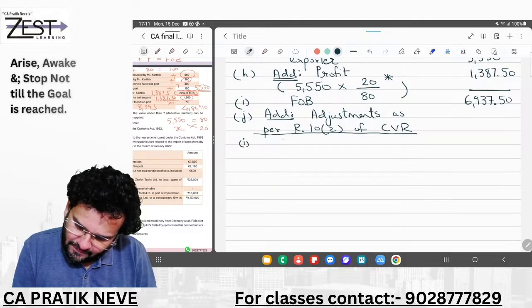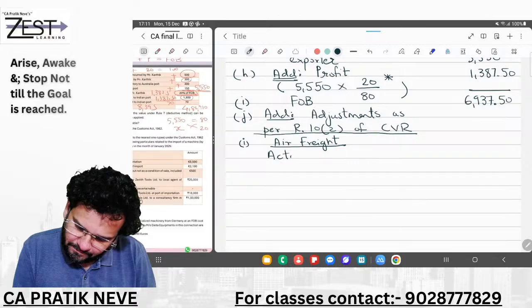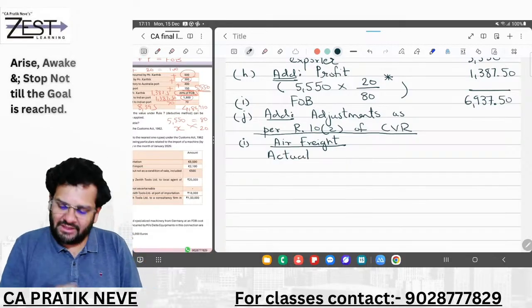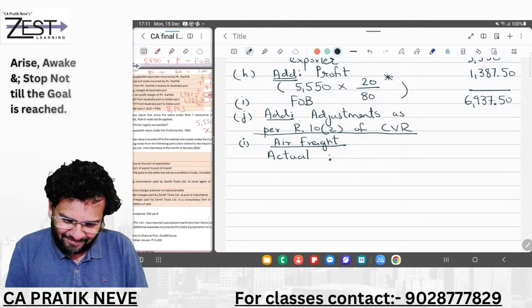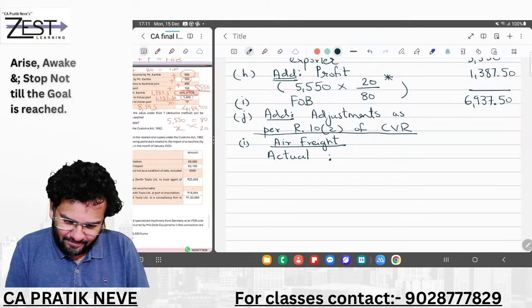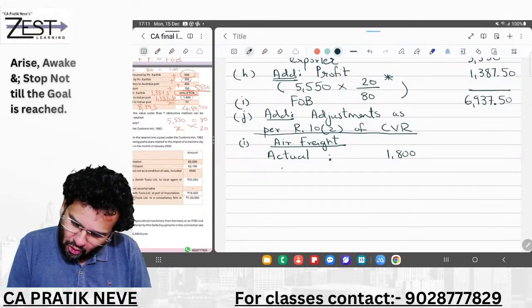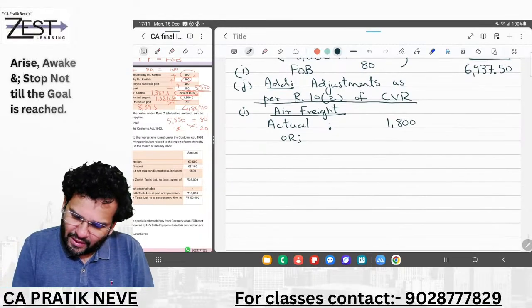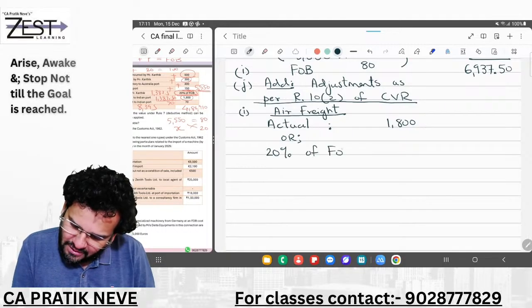Subpoint 1, air freight. So air freight will be actual, or 20% of FOB. Actual is 1,800, or 20% of FOB.